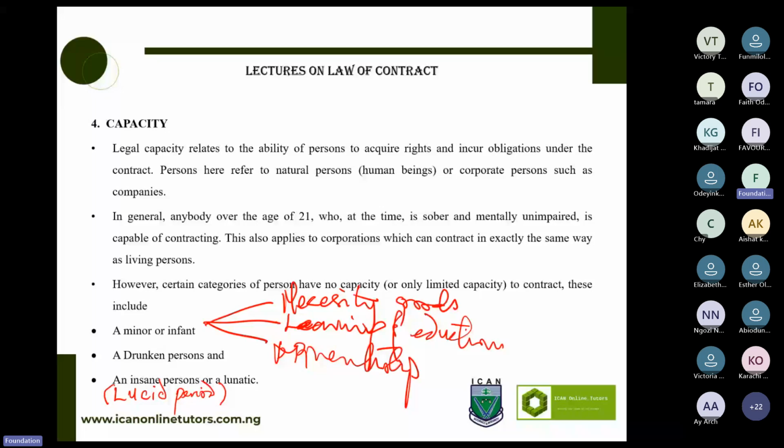So lucid period, yes, is short. That is the theory we are all told. But in reality, 2 years can be a lucid period. It's all about medication, how you can hold it.